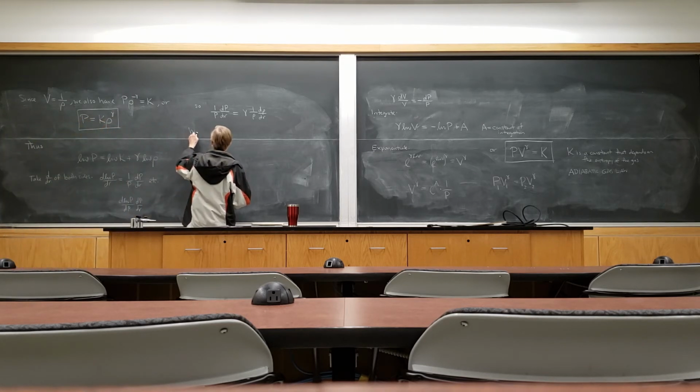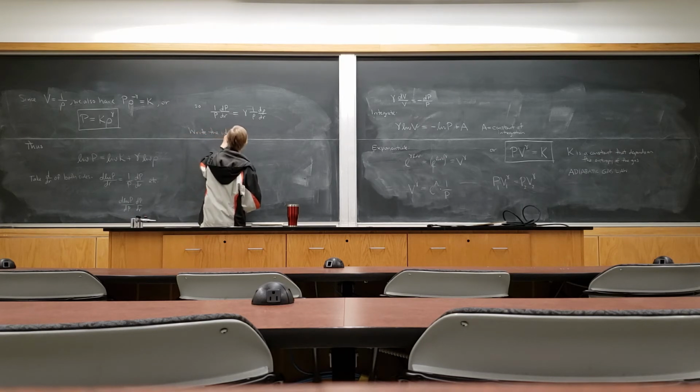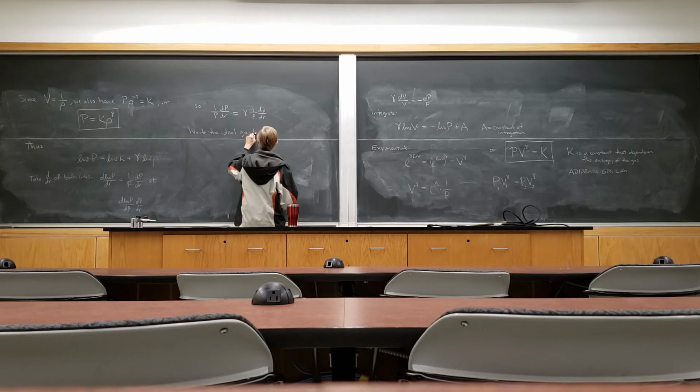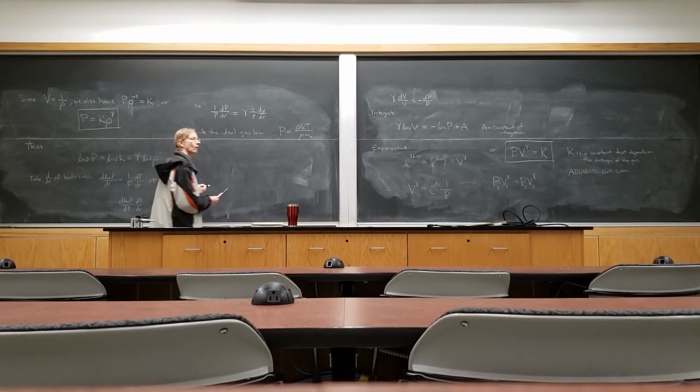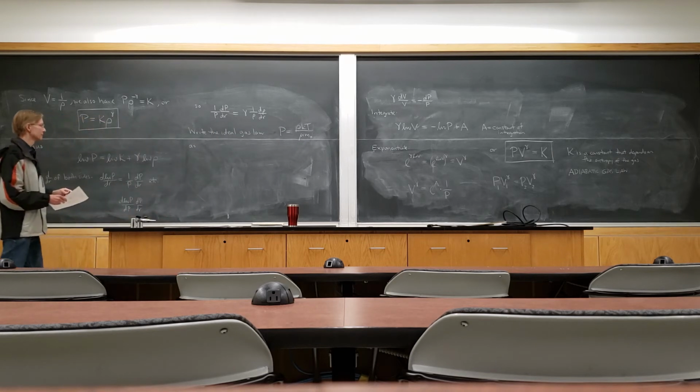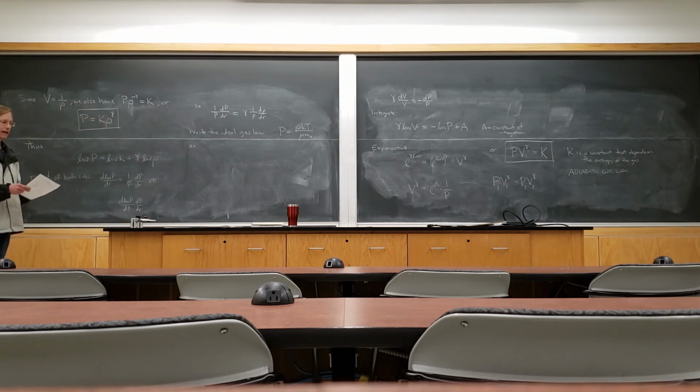So let's write the ideal gas law as P equals rho kT over mu mH. What I'm really trying to say is I'm going to take logs of both sides of the ideal gas law.